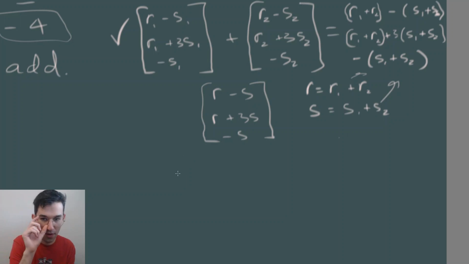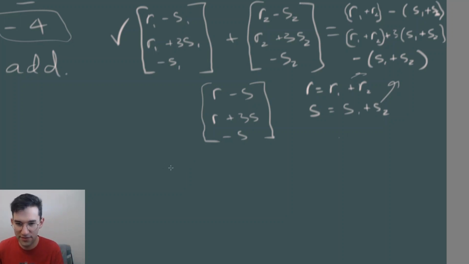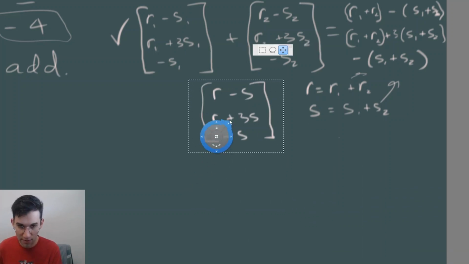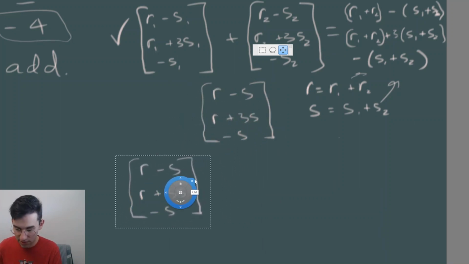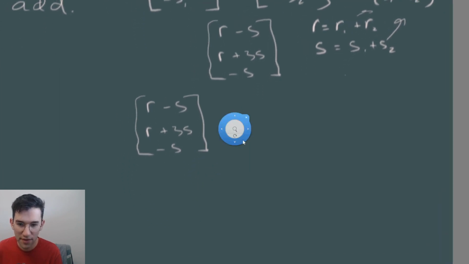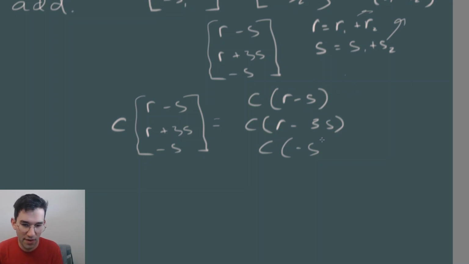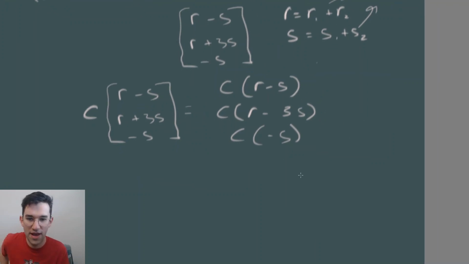Scalar multiplication. So if we take some vector, let's take this vector again, and we multiply that by a constant, we get that equal to C times R minus S, R minus 3S, negative S. So now we need to see if we still get the same thing if we multiply this through.